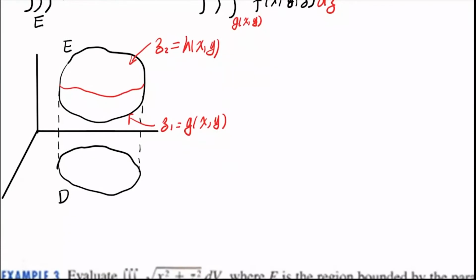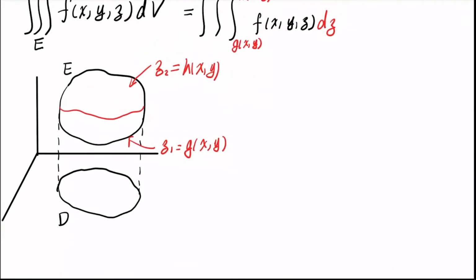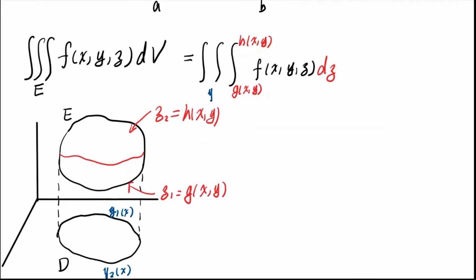Now, after taking care of that, now it's a case of a double integral, isn't it? So on this, suppose we want to do y next, and then this is some kind of y function, right? So I'm going to call this y1 of x, and this is y2 of x. You get it? So then we put here y1 a function of x, and then y2 function of x, and then dy.